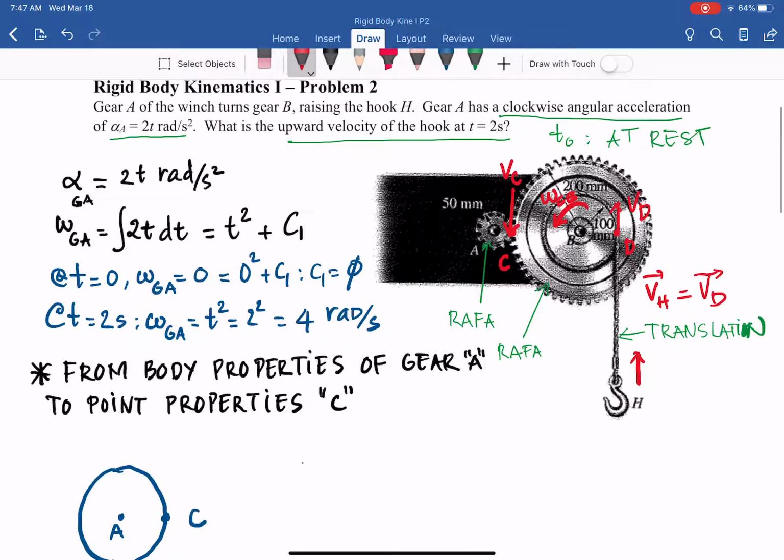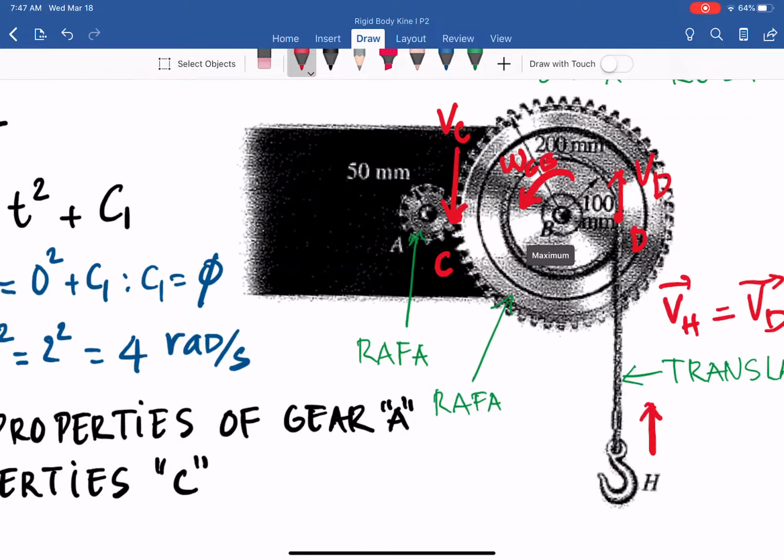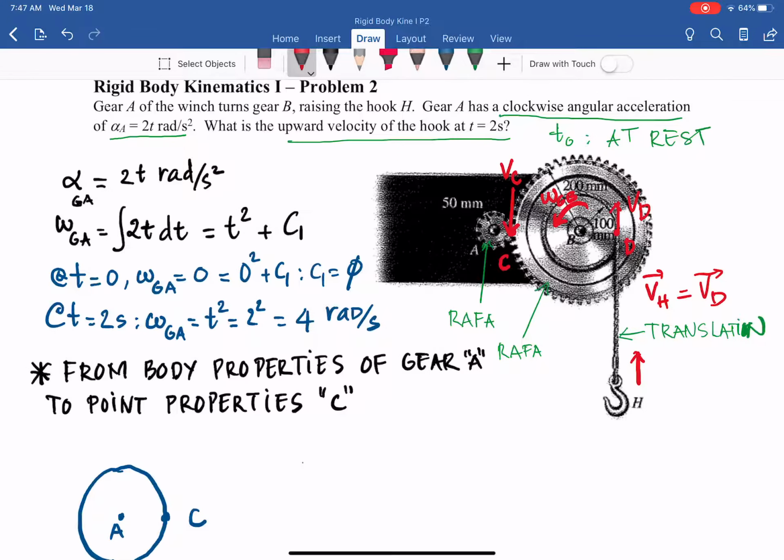And when the velocity of C is going down, C also belongs to gear A. Then the omega of gear A has to be clockwise to be consistent with VC. So you see that?